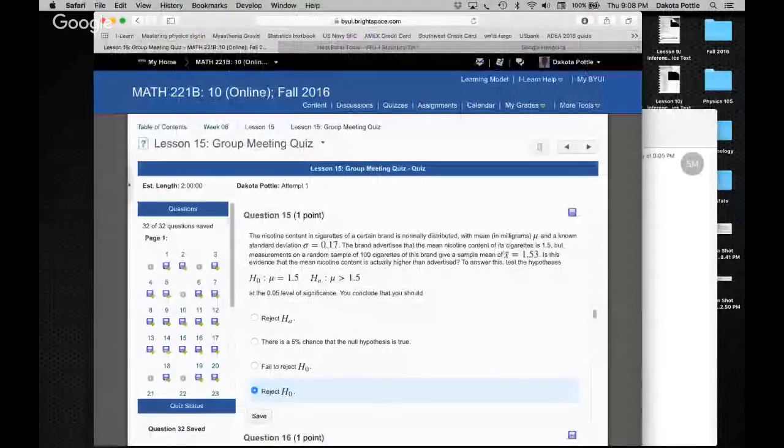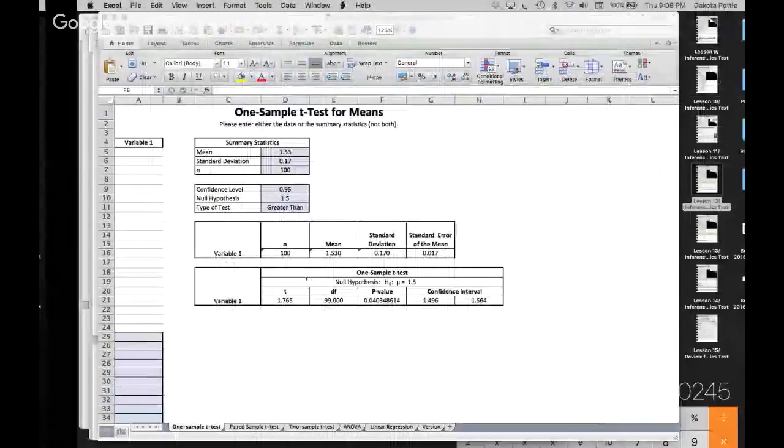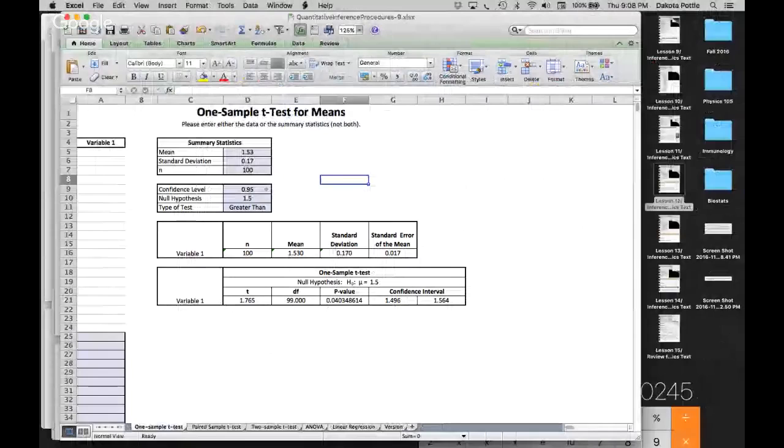The 1.53 was the sample mean, and then 1.5 was the null hypothesis, and so I plugged all those in there, as you can see. And my mean is my X bar, right? The mean is your X with the bar. So then it pulled up your p.